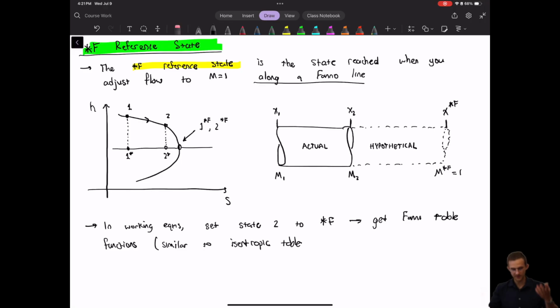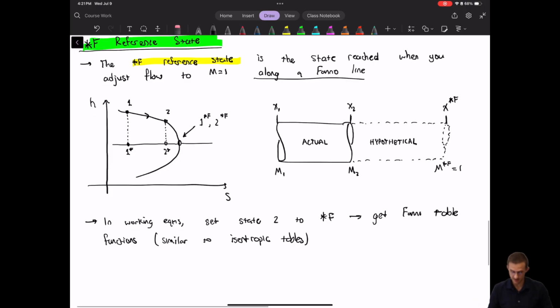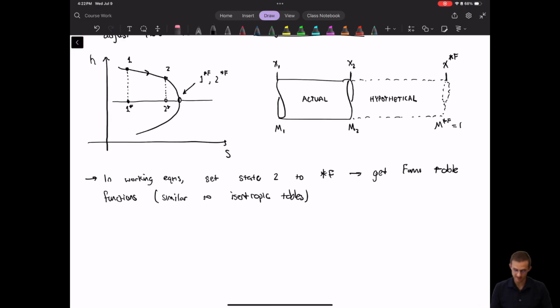Like for instance, in isentropic tables, we'll relate between, say, a certain point in the duct and the sonic velocity, which would be M equals 1. So then we plug in M equals 1 into the working equation, and the thing simplifies, and you end up with something that's dependent on just the Mach number at that point.